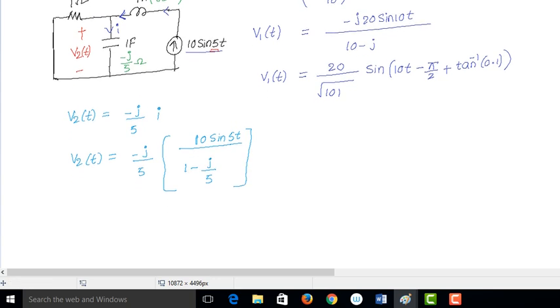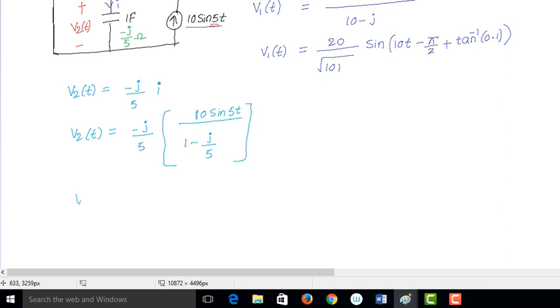Right, so this is my V2 of t. Now simplify it carefully. We get minus j, 10 sine 5t, by, so take the LCM and simplify. So what I will get here is 5 minus j.